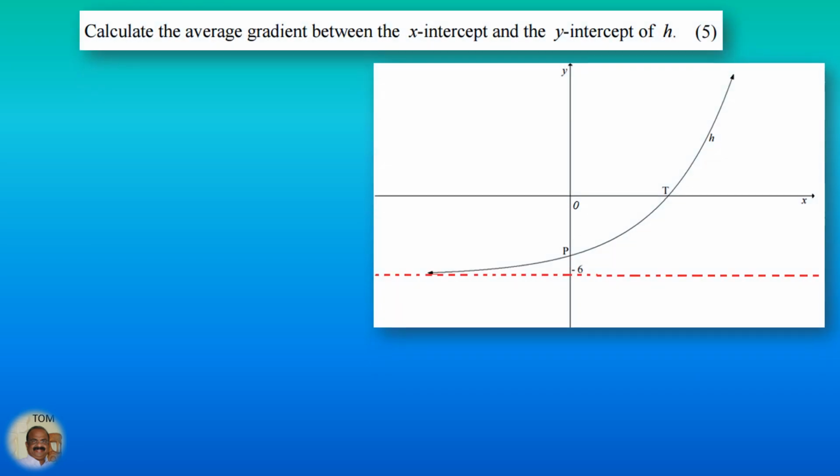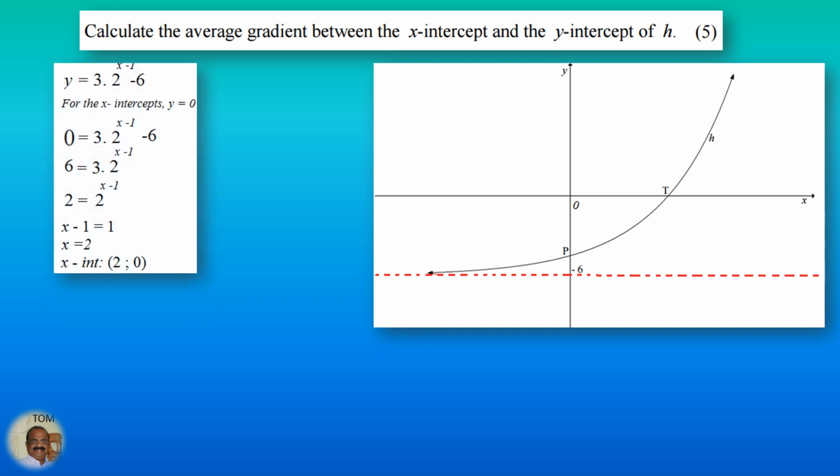Calculate the average gradient between the x-intercept, that is t, and the y-intercept, that is p. Average gradient. So let us calculate the x-intercept first. Our equation is y equal to 3 times 2 to the power x minus 1, minus 6, and we substitute y equal to 0.